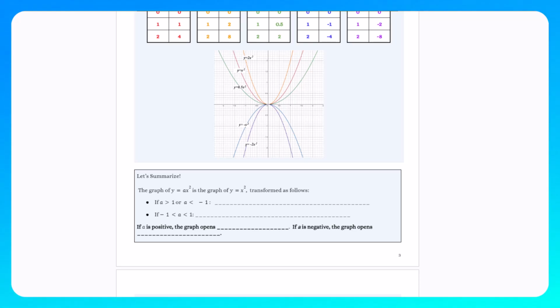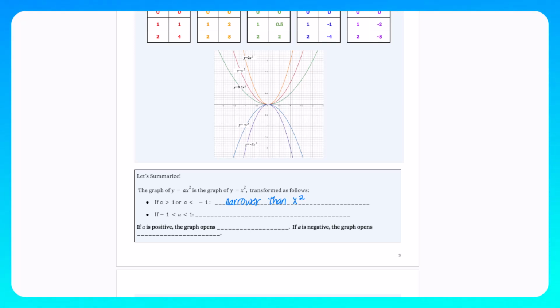Well, if a is greater than 1, for instance, when we went from x squared to y equals 2x squared, or a equals -x squared to -2, so notice it's outside of these areas, we say that the parabola is narrower than x squared.